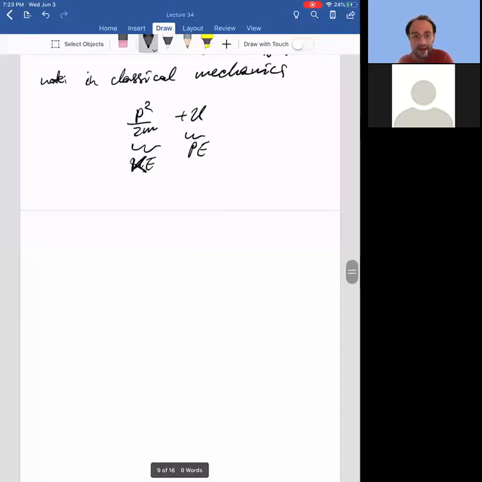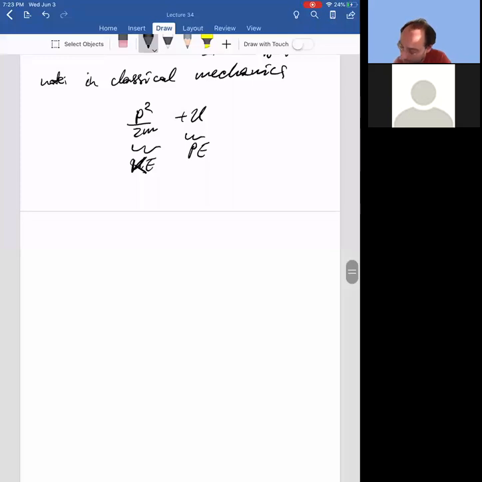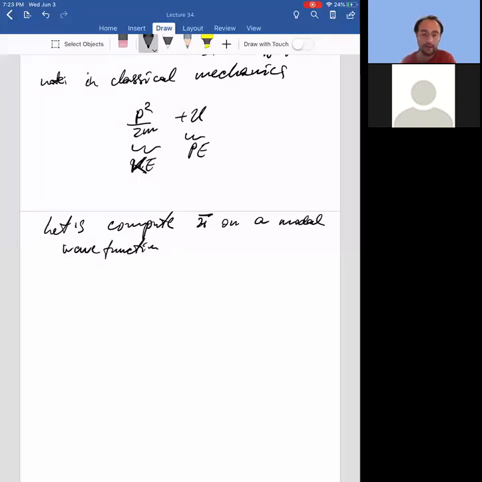Let's just, for practice, try to compute the expectation value of the Hamiltonian operator on a modal wave function. So a modal wave function is the spatial part times e to the minus i omega n t.